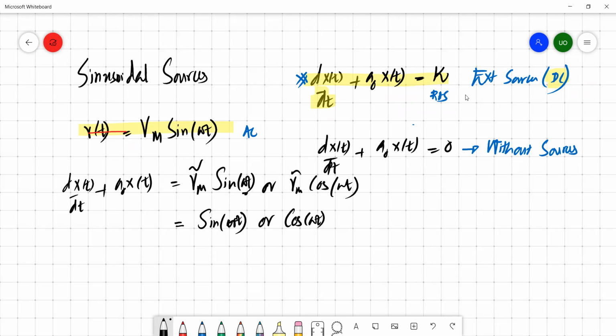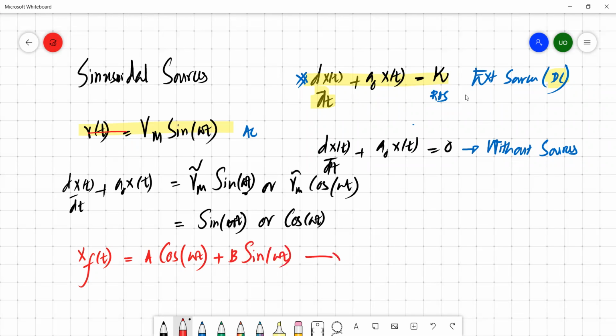Okay. So then what would be the forced response, or the trial solution for the forced response? For this kind of case, the forced response would be of this format: a cos omega t plus b sine omega t.